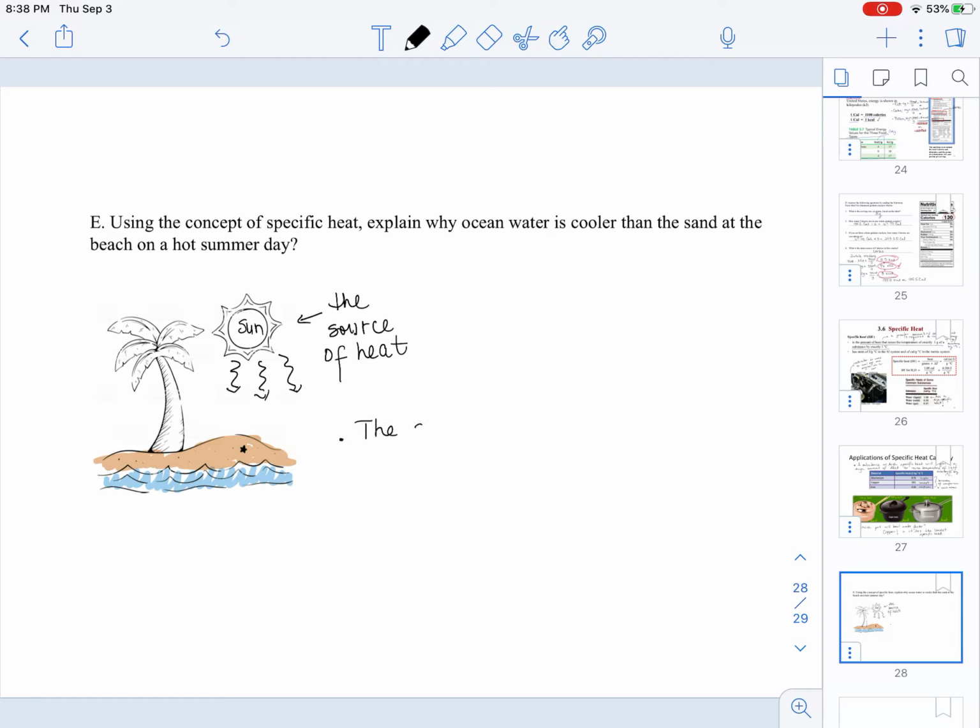The sand has a lower specific heat when compared to the ocean water.